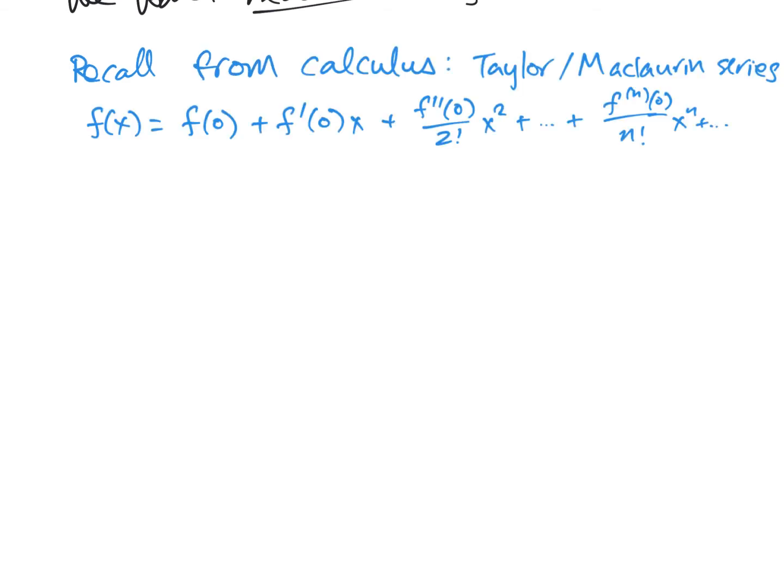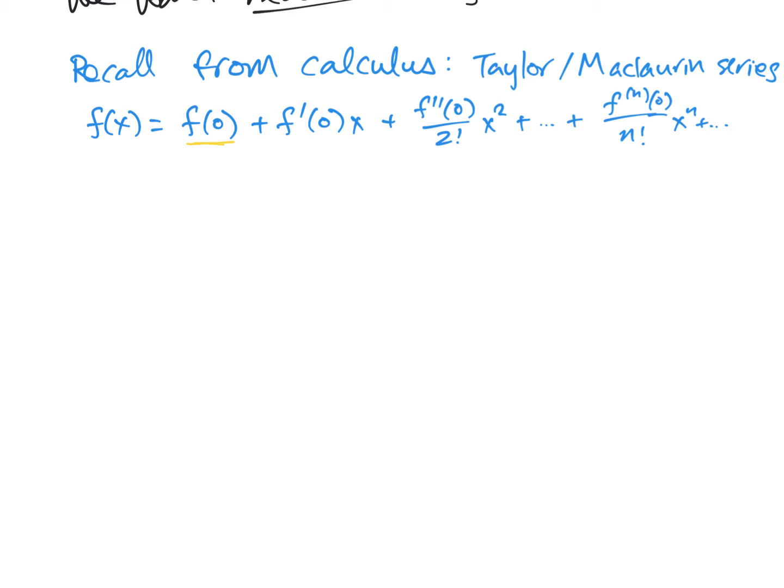But what you probably have seen, I hope you've seen, is the Taylor or Maclaurin series, where if you can take the derivative of a function infinitely many times, then you can express it as a power series with all of your derivatives. So in this case, our Taylor series is centered at 0.